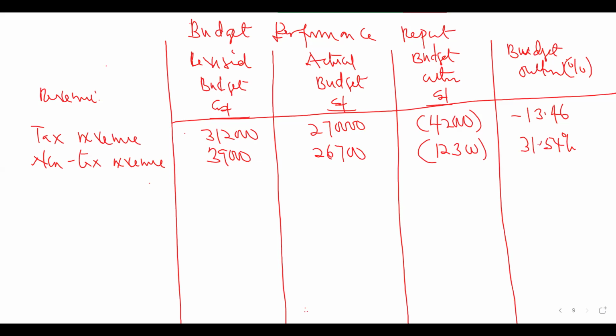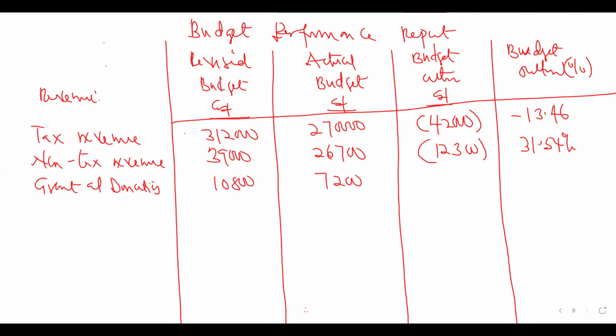The next item is grants and donations. What is the revised? 10,800. Actual is 7,200.